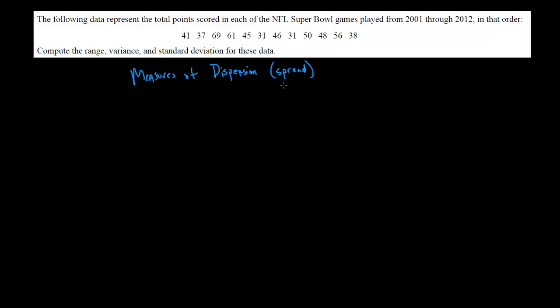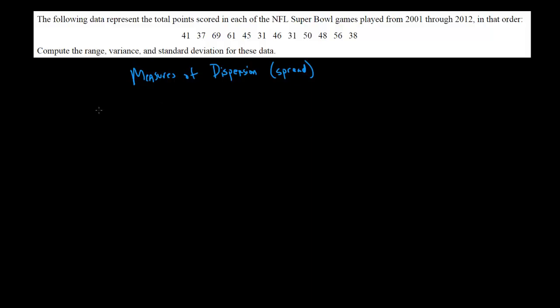These are ways to talk about how spread out your data are, or maybe how close together they're clumped. If all the data points are really close together, or all they're really spread apart. That's what we want to talk about today.